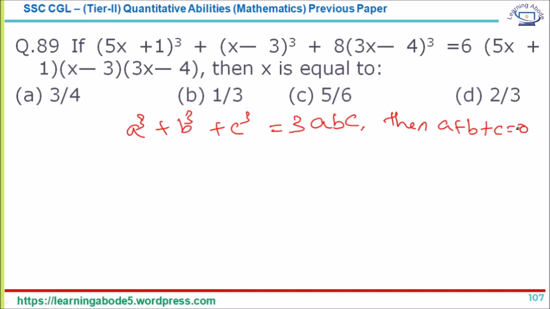Now we can bring it here. So how to do that? We can write 5x plus 1 whole cube plus x minus 3 whole cube plus, now this part you can write as 6x minus 8 whole cube.